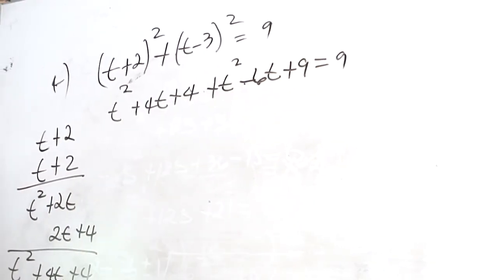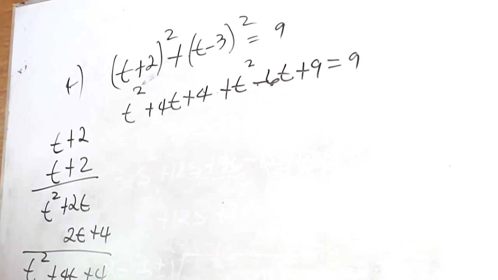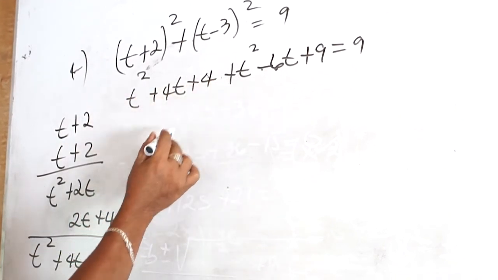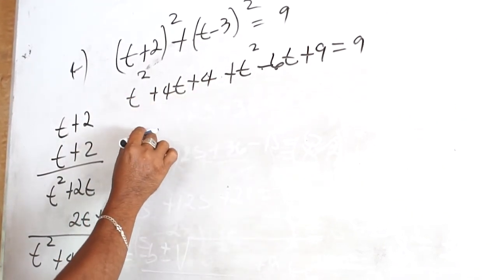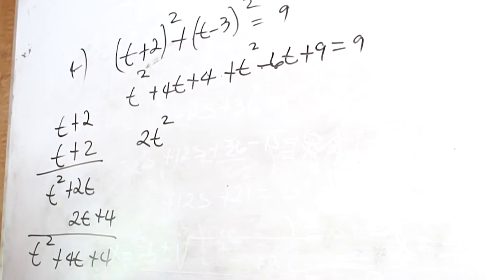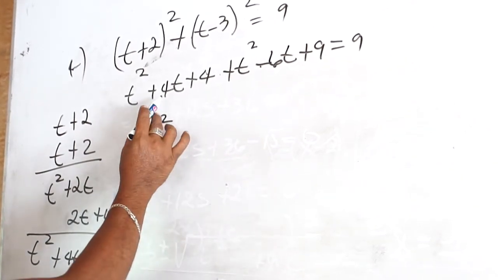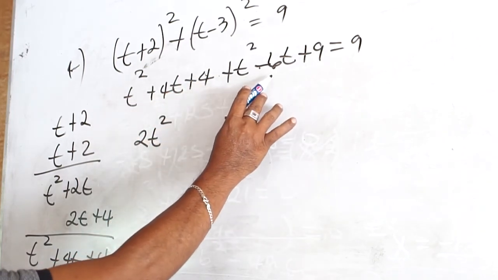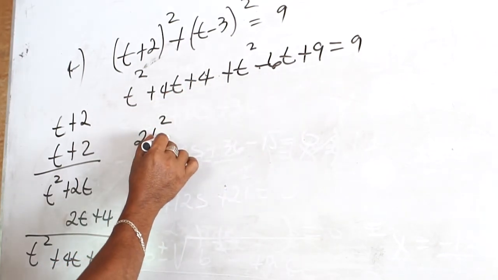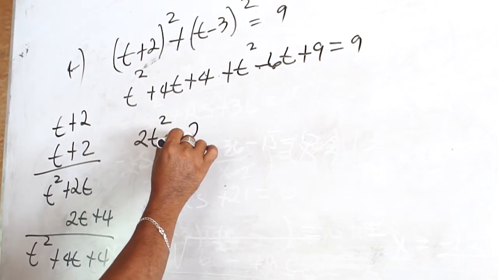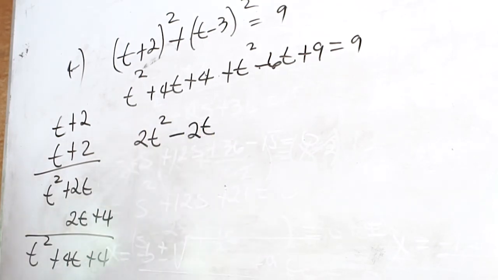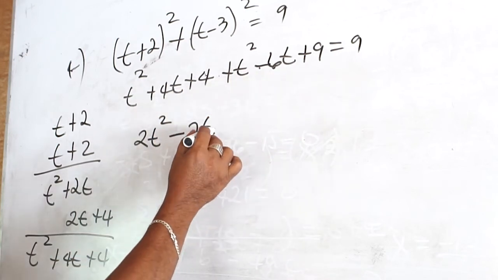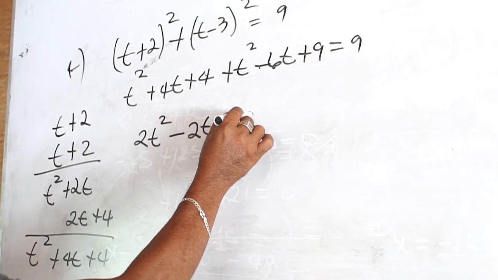Okay, then after that, combine like terms. Okay, so we have t squared plus t squared, the result is 2t squared. Then we have positive 4t plus negative 6t, the result is negative 2t. Then we have 4 plus 9, that is positive 13.